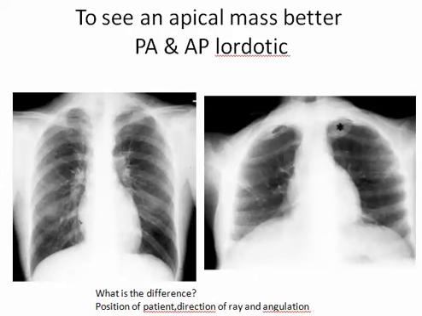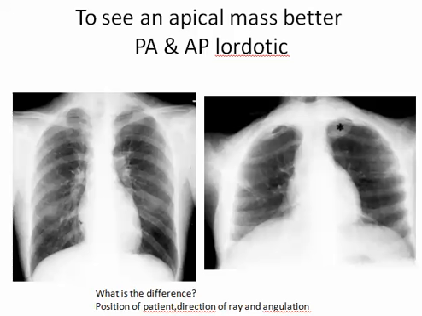If you want to see an apical mass, it is better to do a posteroanterior standard and an AP lordotic view. But of course the AP lordotic is better. The difference is due to the position of the patient, the direction of the ray and the upward angulation.